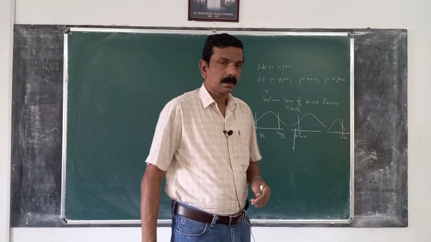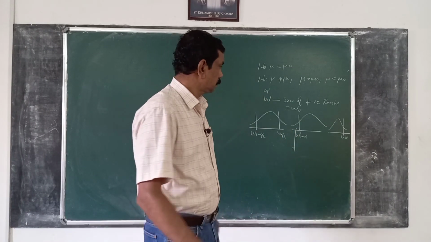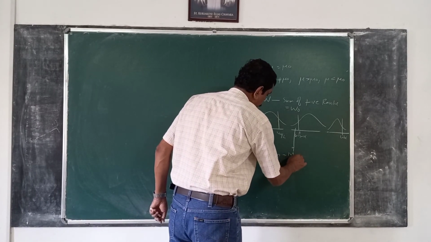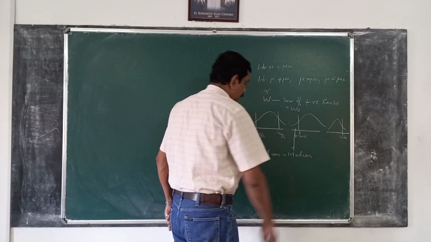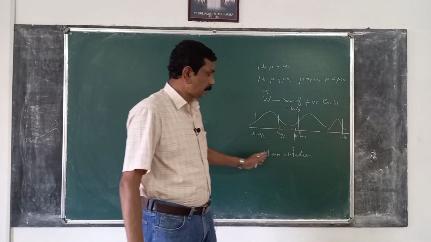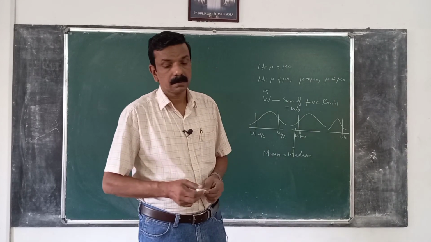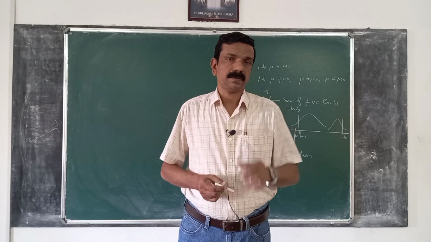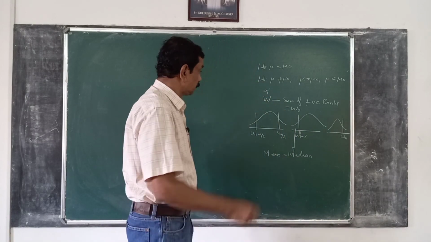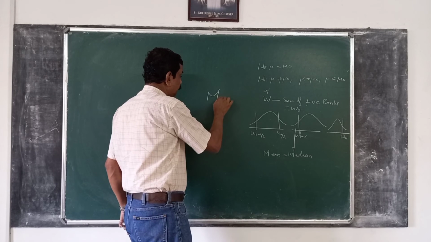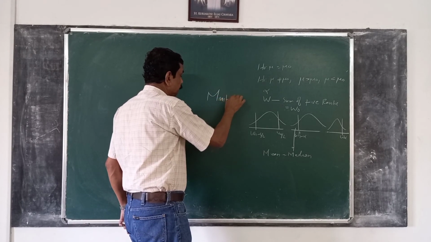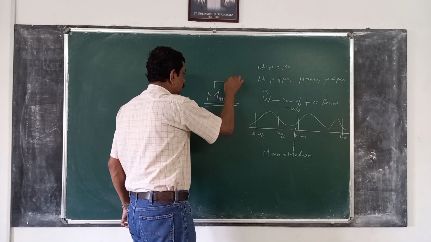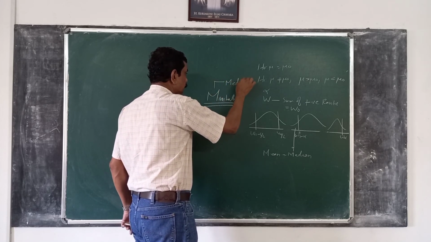Now, for a symmetric distribution, we know that mean is equal to median. So the test can be based either on mean or on median. And this test is not available in all the software. This test is available in the software Minitab, and in Minitab, the test is median based.